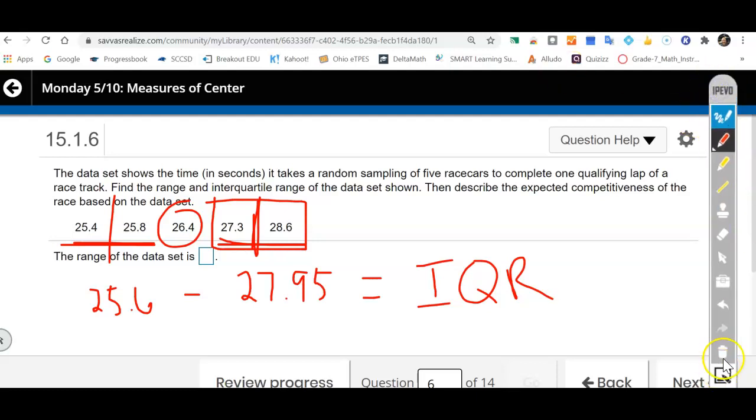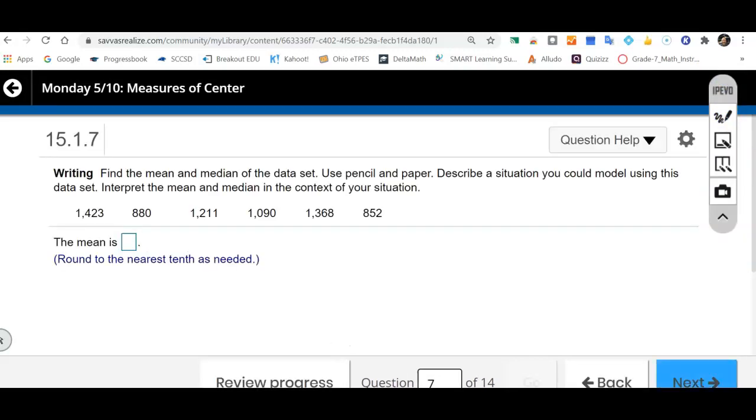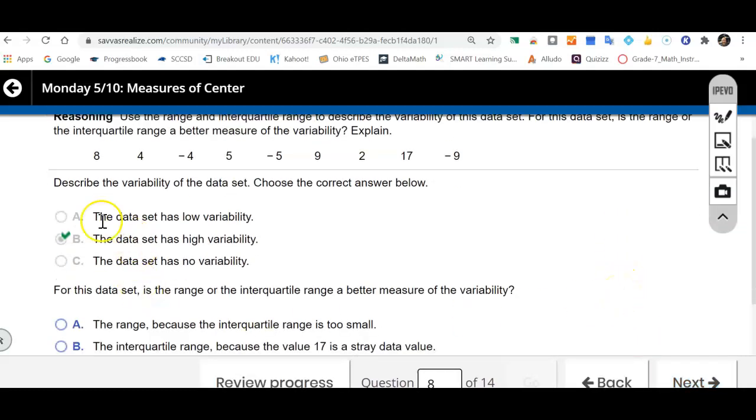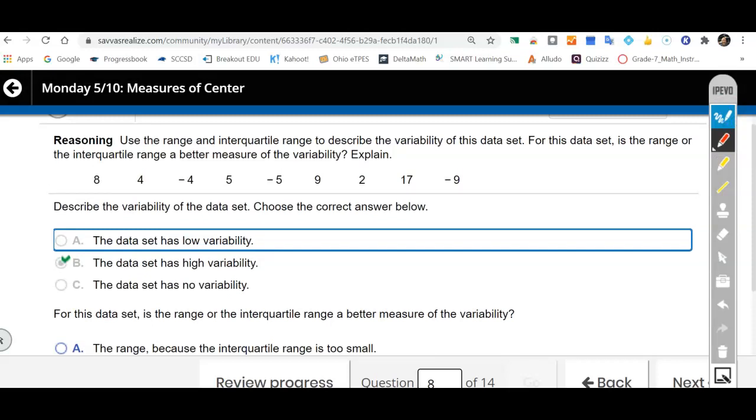Now, on one of these questions, right here, it says, describe the variability of the data set. Well, if my IQR is 3, does that have a wide variability, low variability, no variability? What does that word variability mean?